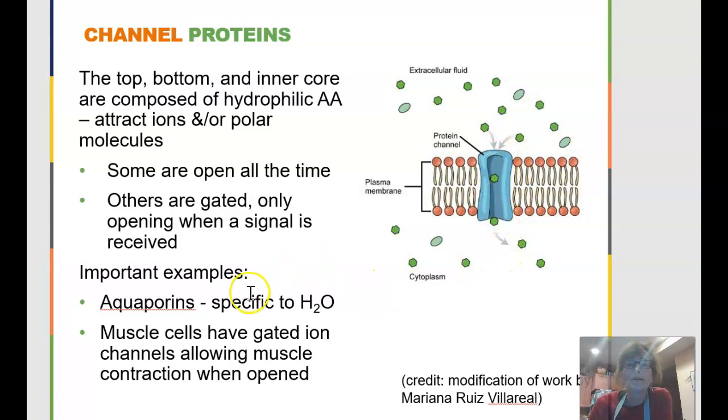An example would be aquaporins. The word aqua is water, and porins like pore. These are channel proteins very specific to allowing water to move in and out. Muscle cells also have channel proteins, but theirs have gates, which open up in response to some activity, some signal.